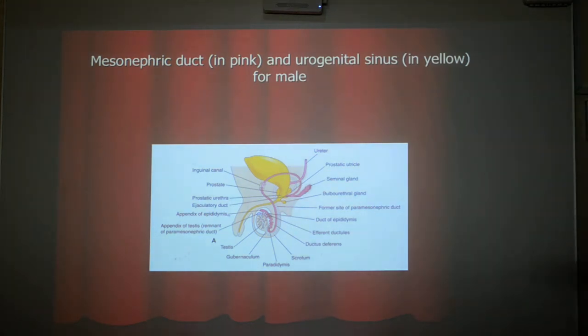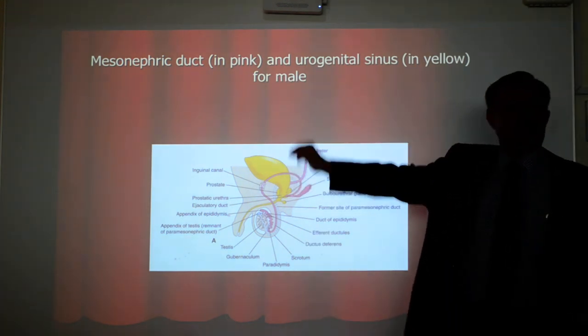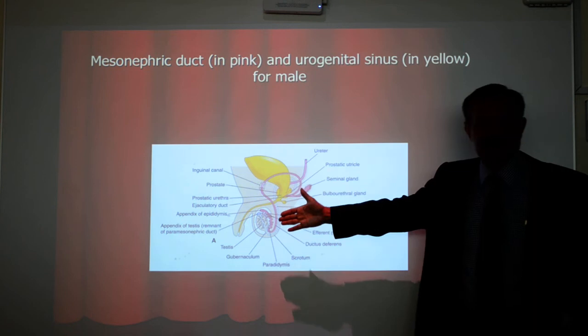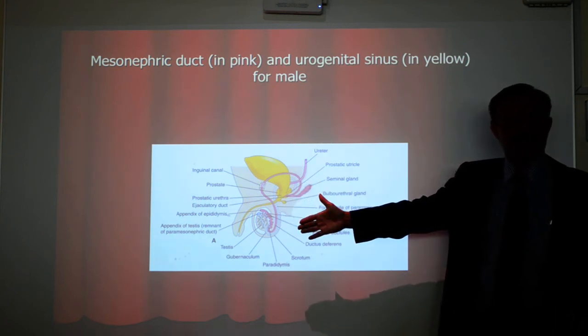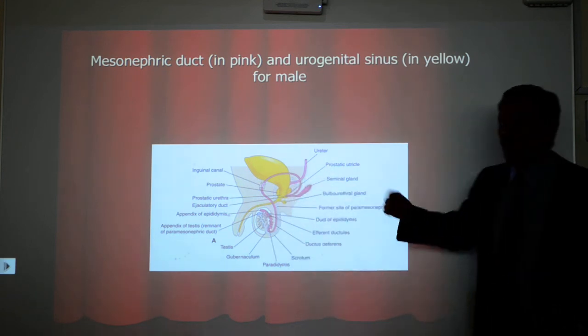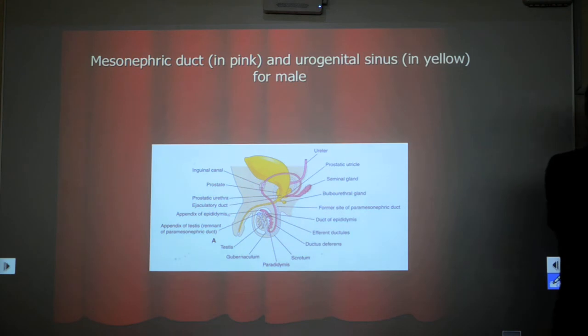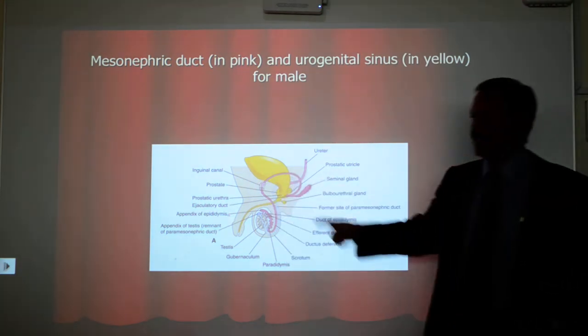You are right. Very interesting slide. If you go through this, this is the male one. There's no controversy. Say yes to me. Yes. Anybody challenging? This is male, and therefore I'm expecting the mesonephric duct. Where is the mesonephric duct? All the pink color, that's the vas deferens.